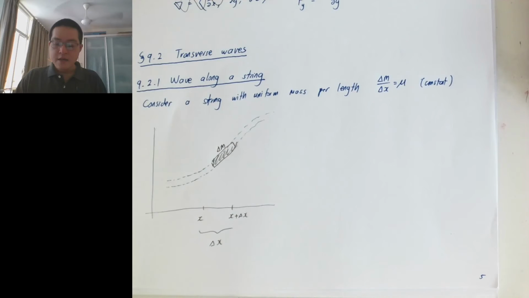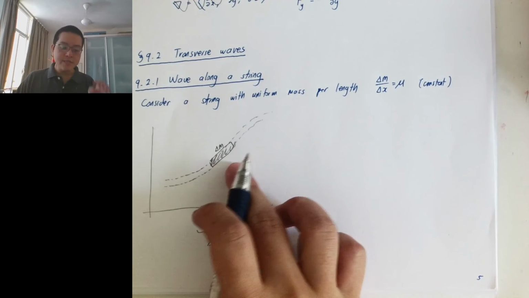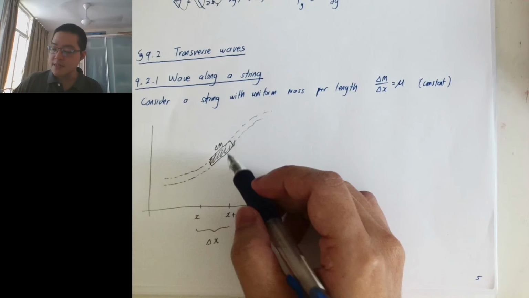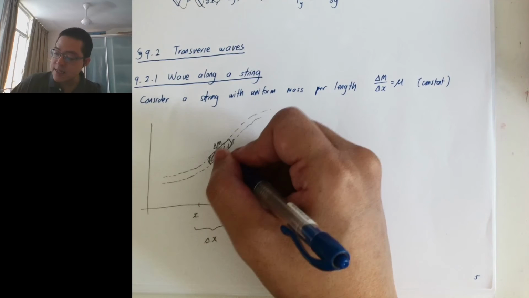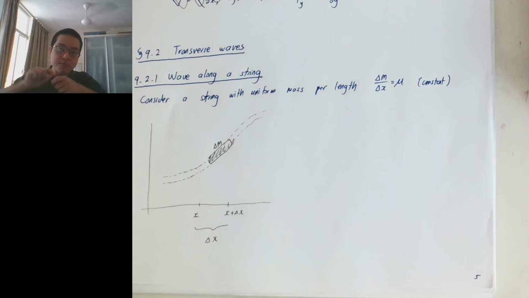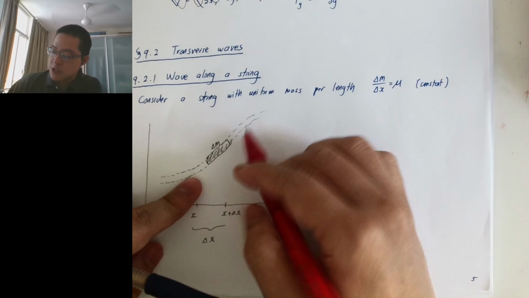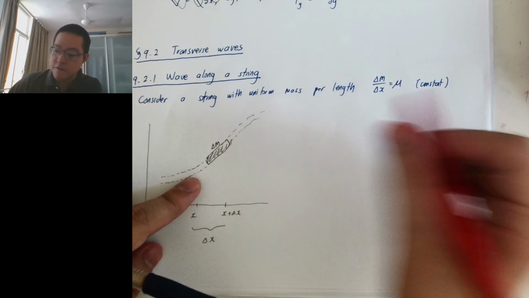Now I want to study the forces acting on the string. Because this is a string, I consider this as one piece of mass, and the rest of the string is like a string, and it will experience force, in other words, tension. On this side, it will experience the tension coming from the rest of the string.